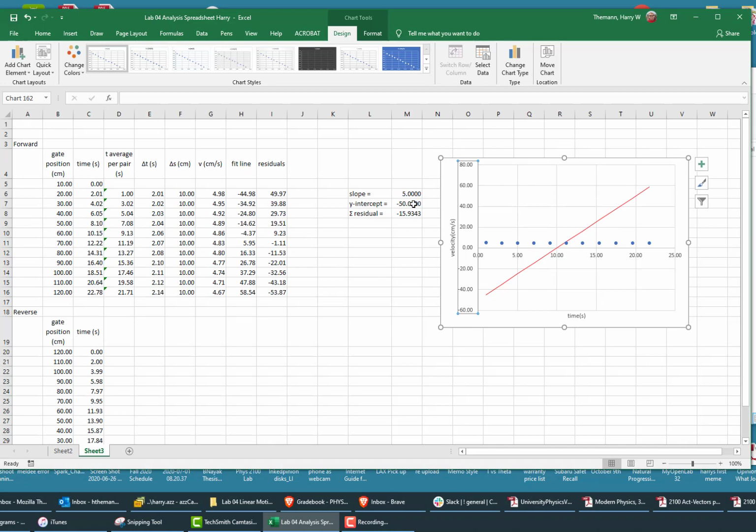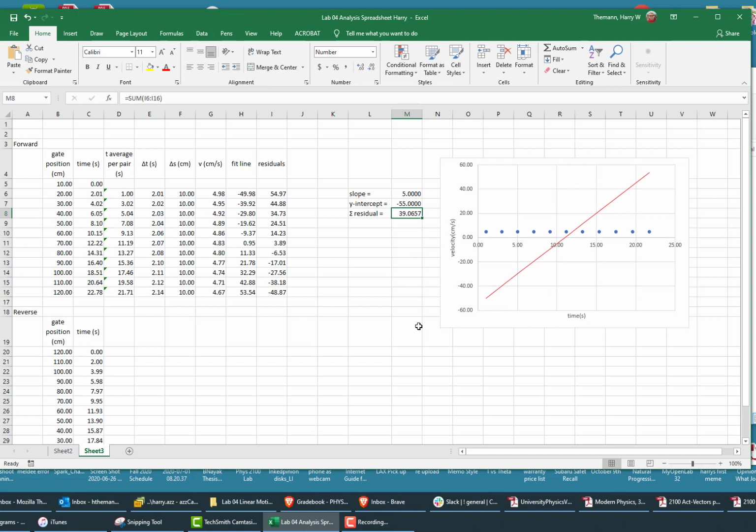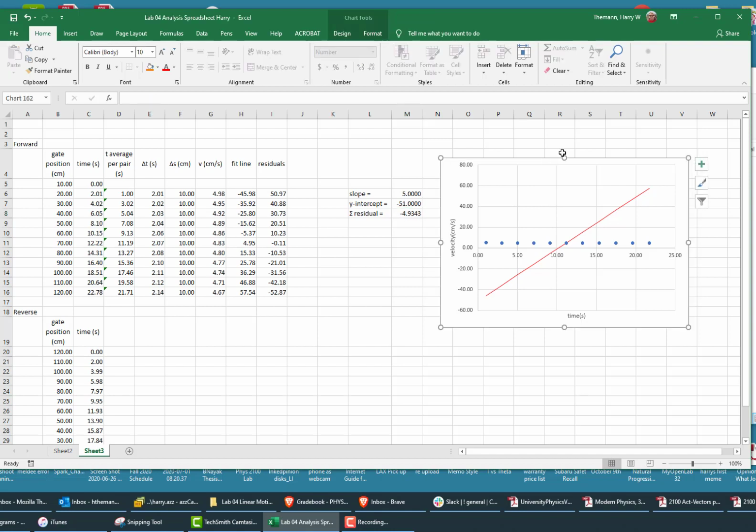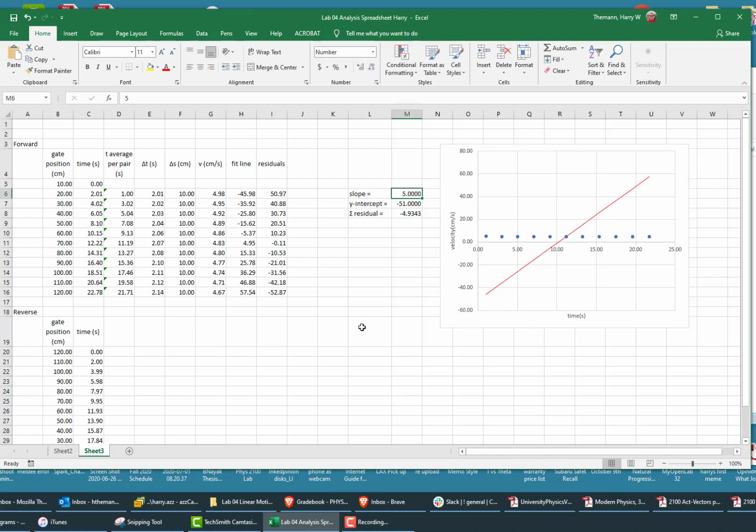Now, let's try minus 55. Whoops, so it went above. So minus 51. But you can see that I can now bring the sum of the residuals to 0, but the fit stinks, right? And it's not the end of the world if all we ever did was hand type this in.